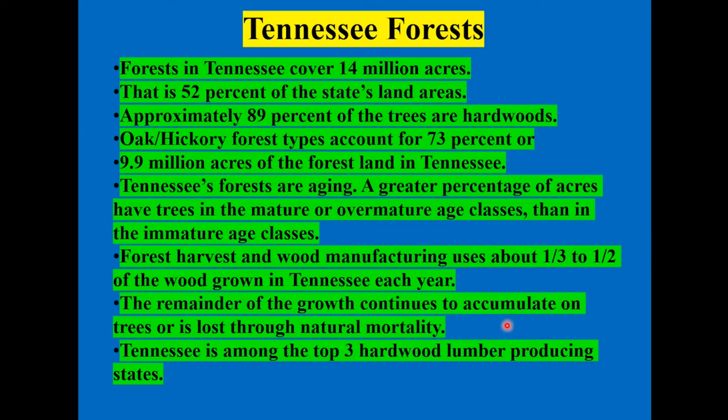That means that we not only have a lot of nice industry, but we have a really good diversity of hardwoods. We have a lot of different ones. We have a lot of top quality black walnut, a lot of top quality tulip poplar for the flooring industry, and quite a few pine trees for different things.